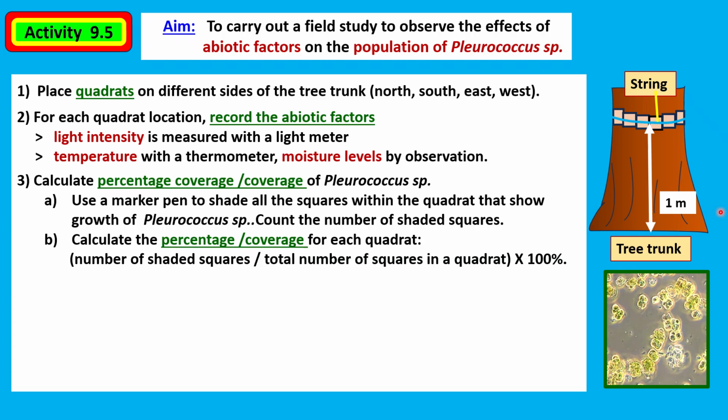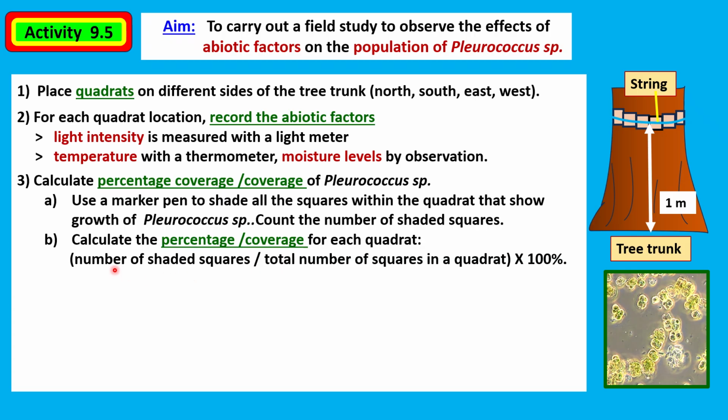Use a marker pen to shade all the squares within the quadrat that show the growth of Pleurococcus species, and then you count the number of shaded squares. In this case, you don't even have to know how many cm squared it is. All right, just count the number of squares and then calculate the percentage coverage for each quadrat. That means in this case it's for one quadrat only, right? Not for all the quadrats.